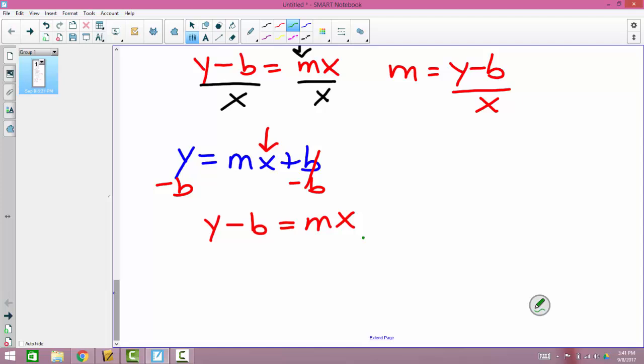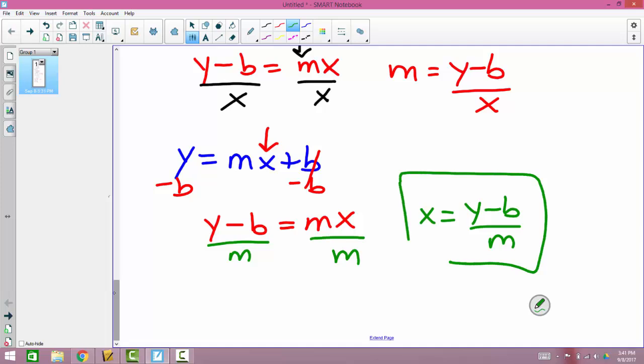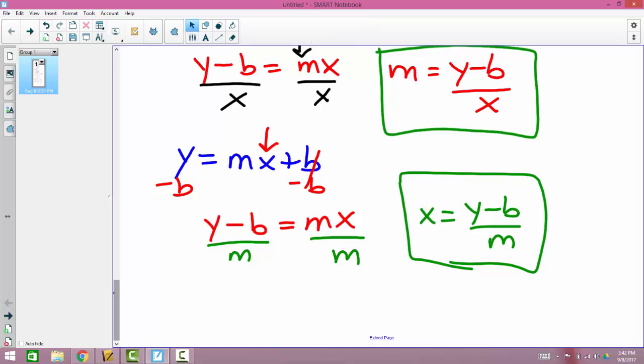And then the second step to divide by m. So again, these equations are all identical. It'll give you the same result. The letters are just in different places.